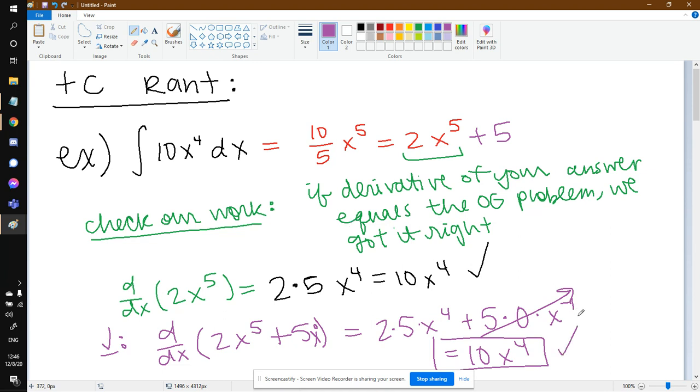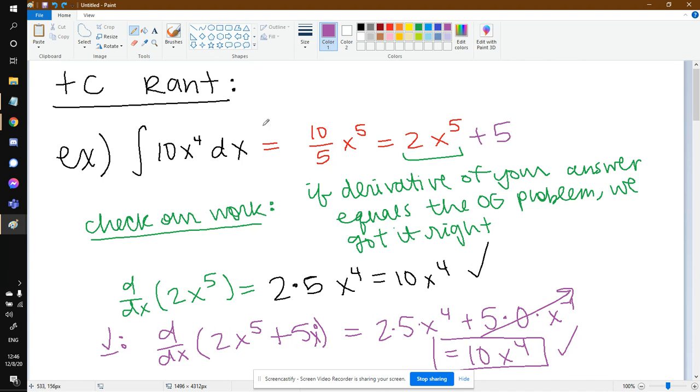So it's a little bit of a mystery, right? If we're doing the antiderivative, and we're saying if we check our work, it's right if we take the derivative and we get our answer, then I should be able to add 5 on the back and it not be a problem. In fact, I should be able to add anything on the back and it not be a problem, because the derivative of any number is 0.